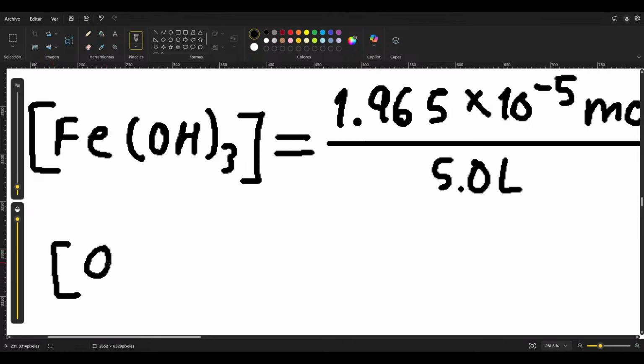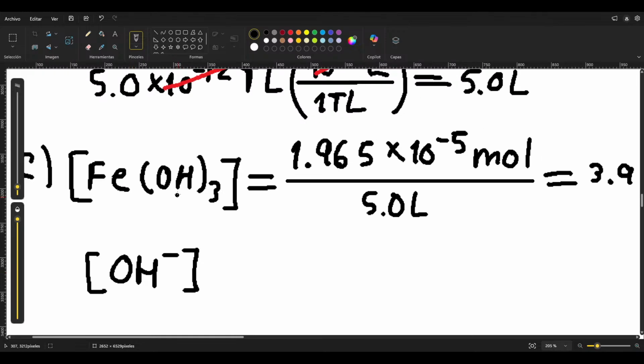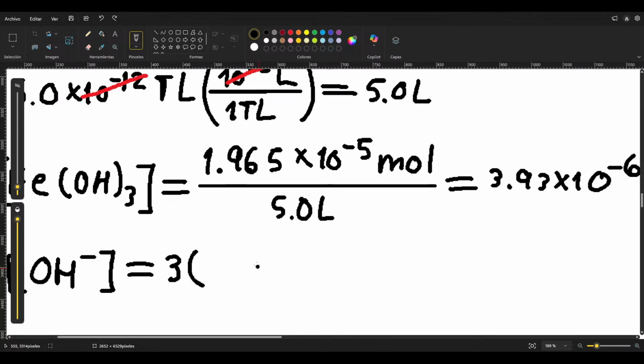Now, to find the concentration of OH ions, we just multiply the 3 times the original concentration.